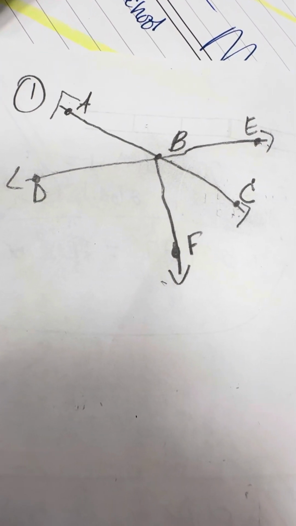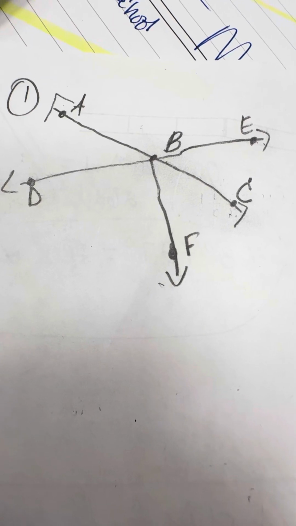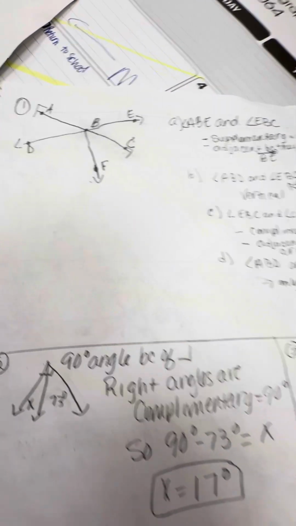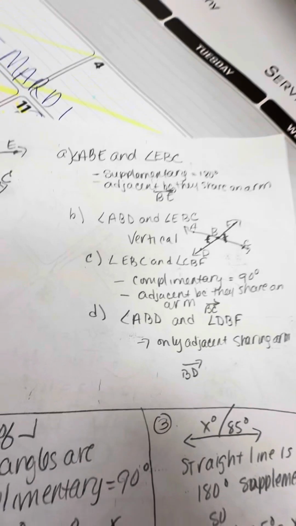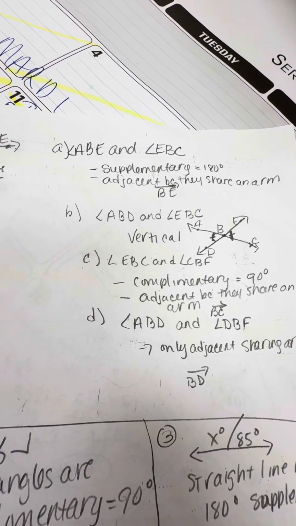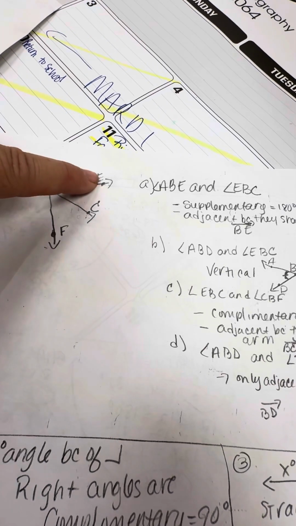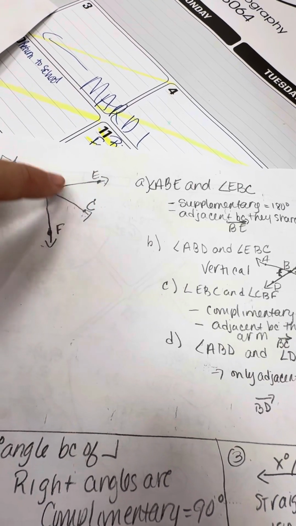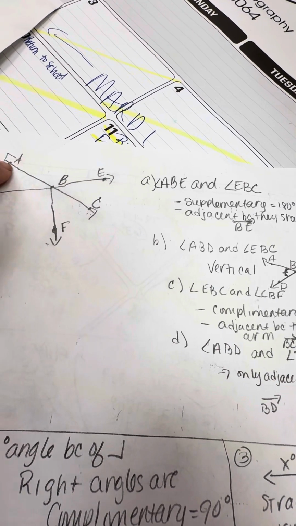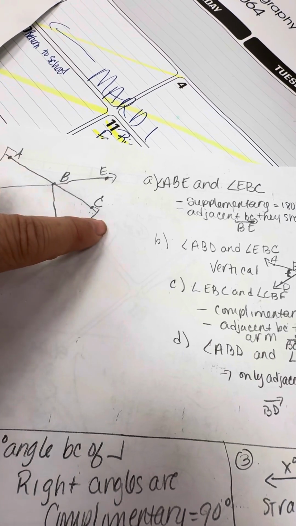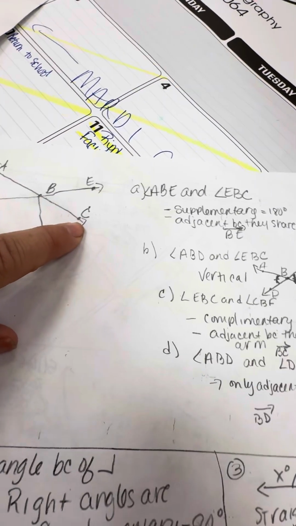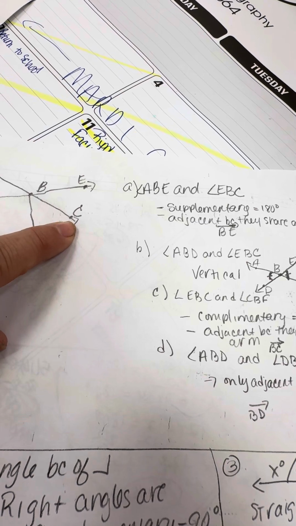So I'm going to go through this review with you real quickly. Number 1 asked us, how are ABE and EBC related? ABE, EBC. ABC all together creates a straight line, so that makes them first supplementary.